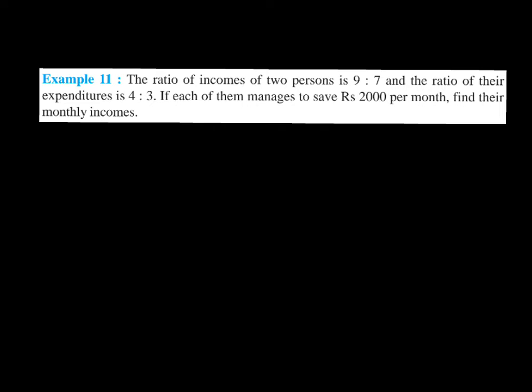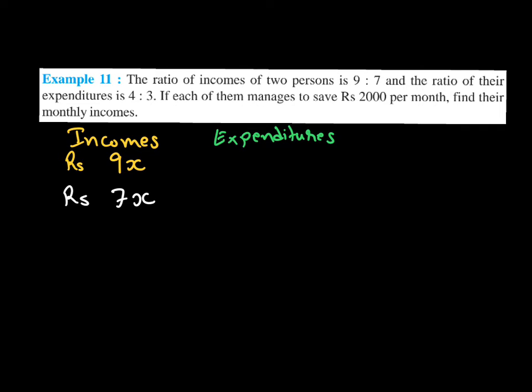Let the income of the first person be rupees 9x, because it's in the form of a ratio, and the income of the second person be rupees 7x, and the expenditures of the first person be rupees 4y, and the expenditures of the second person be rupees 3y.